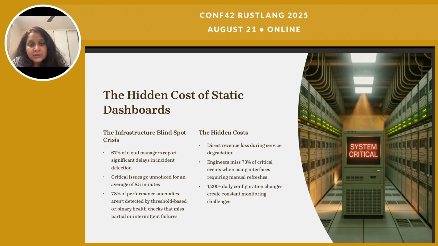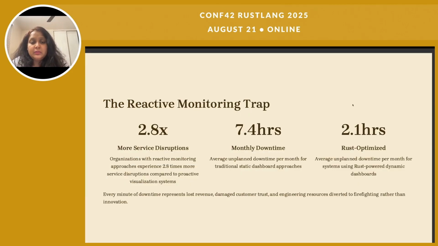And because most dashboards use binary or threshold based health checks, 73% of the anomalies, like intermittent packet loss and degraded latencies, are never flagged at all. So when we combine staleness with these missed anomalies, we end up in very dangerous blind spots. So that is how we come to this reactive monitoring trap.